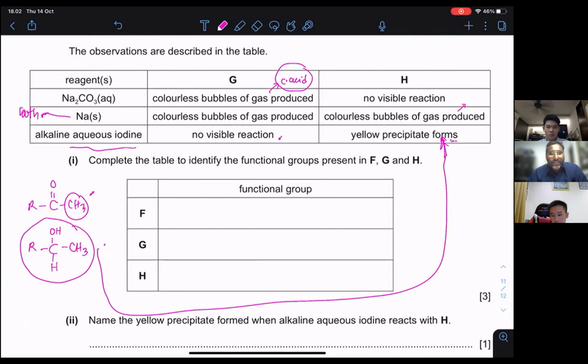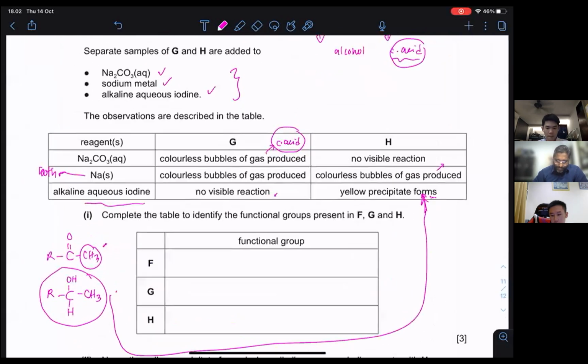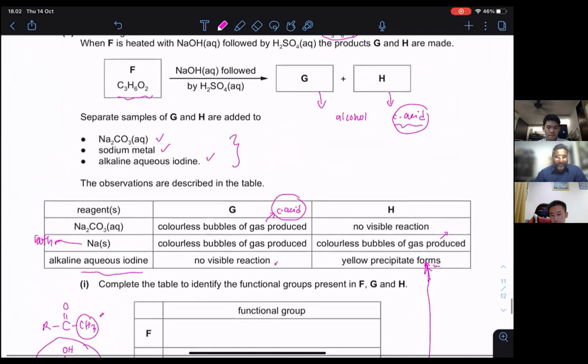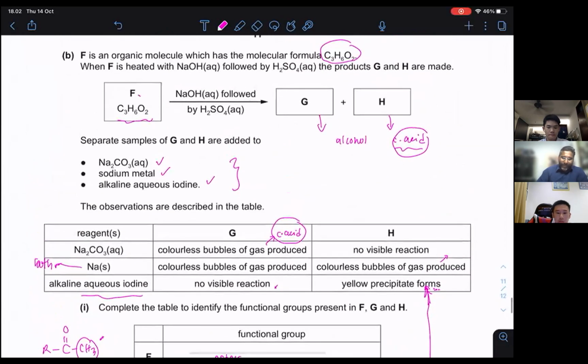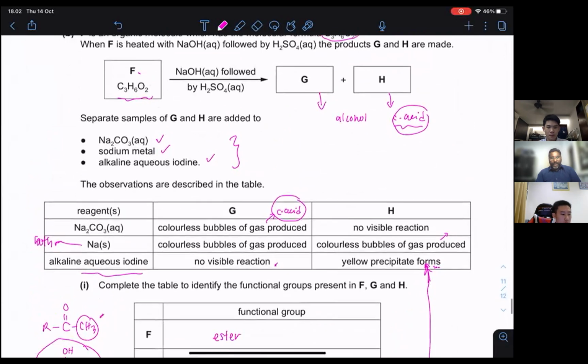So here, complete the table to identify the functional group. Let's look at F. F is going to be ester. So the functional group is ester, because F we already identified is going to be hydrolysis.